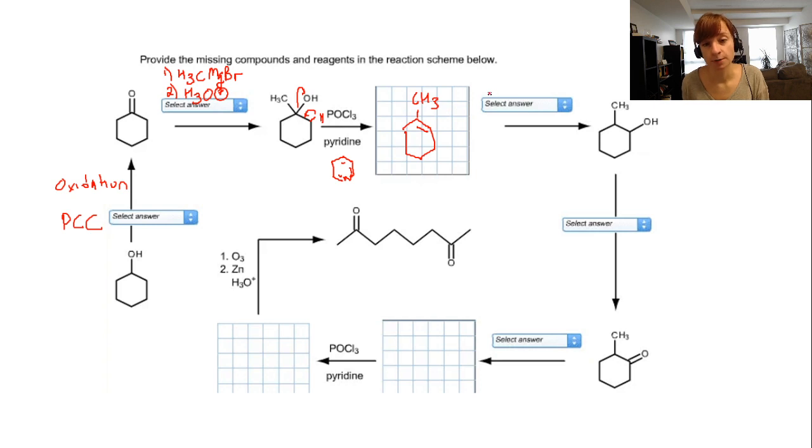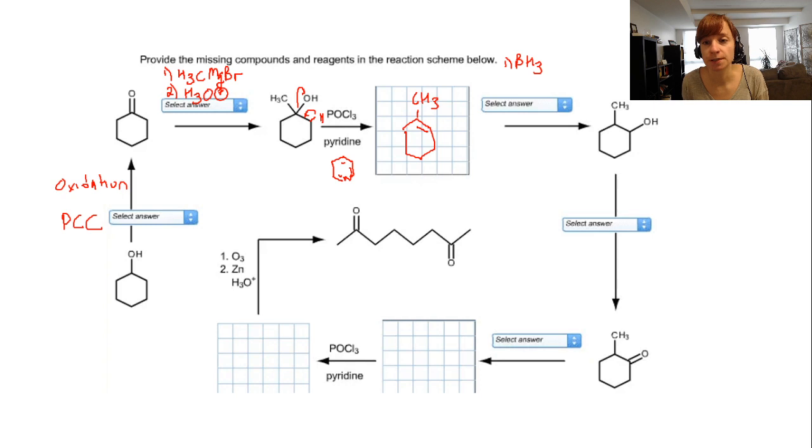So now we have broken this double bond and added a hydroxy group. One way to do that is through using BH3, borane. So that'll add a hydrogen to the methyl group side and then a BH2 group here instead of the alkene.